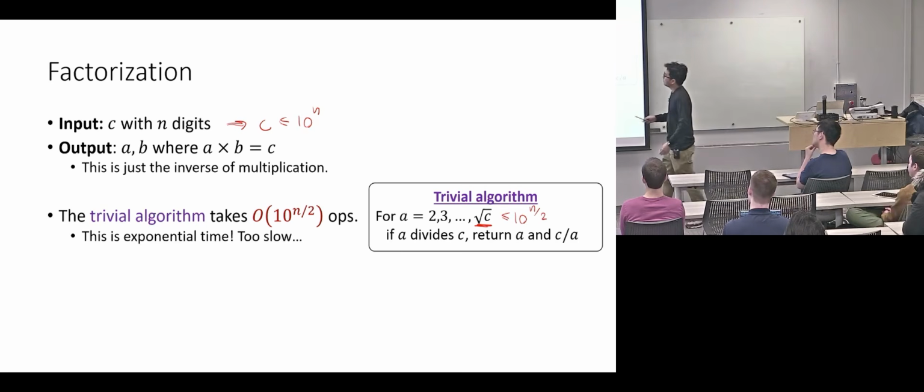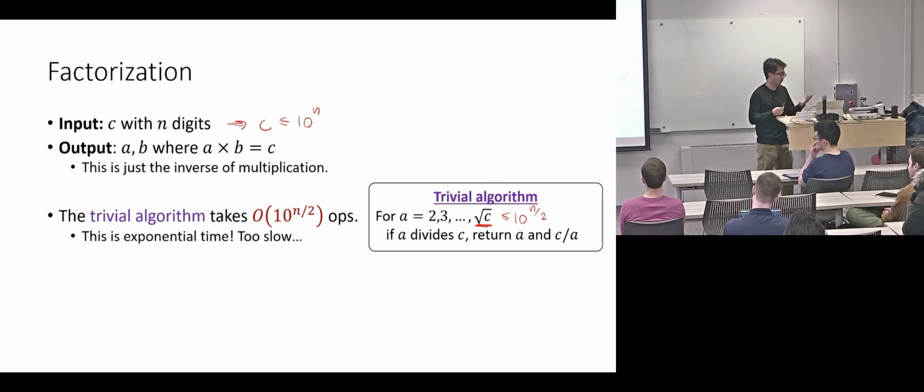So this algorithm can take about 10 to the n over 2 operations. That is exponentially slow, so not great. Can we do better?